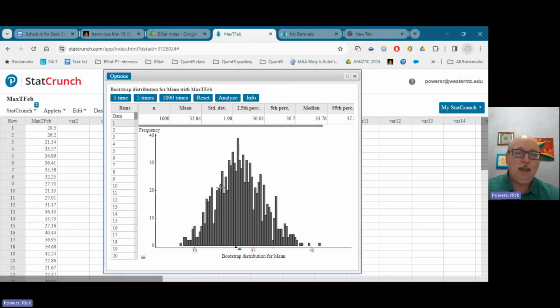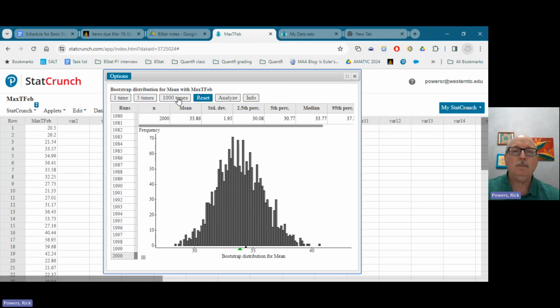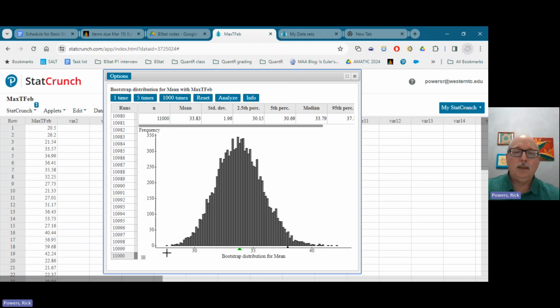But now you can see that this has created a kind of a bell-shaped looking thing when we did it 1,000 times. Well, let's do it a lot more times. So we're going to go up here to 10,000 or 11, doesn't matter. And it's like, wow, this looks really nice in terms of being bell-shaped. It's not exactly the same on both sides, but it looks pretty good.